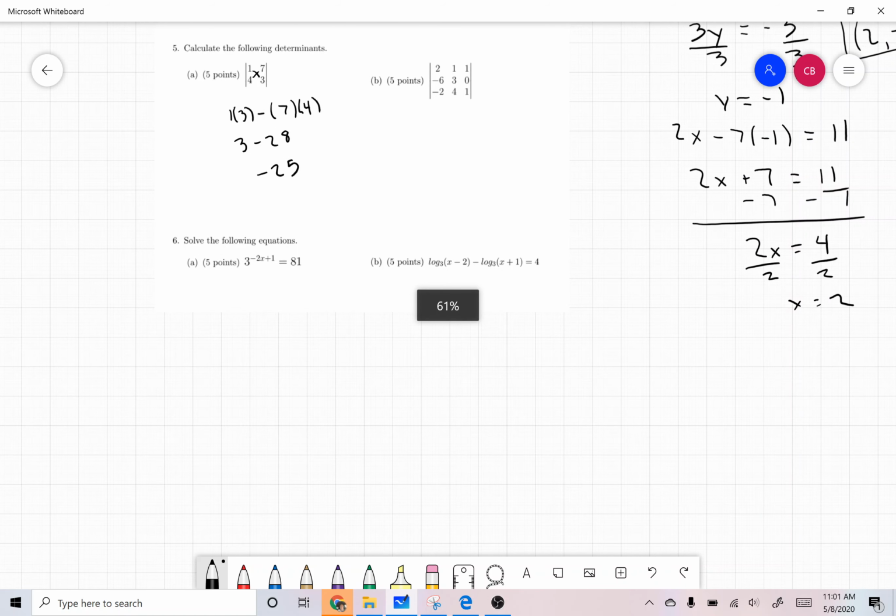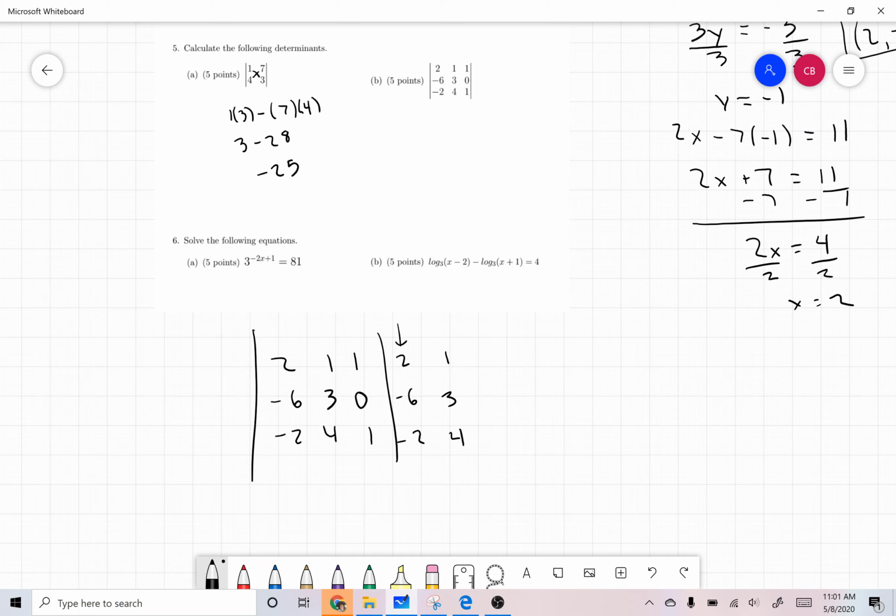For the next one, we have to write the columns 1 and 2 next to this. So I'm going to rewrite it down here to make sure it's close so you can see it. So I've just rewritten columns 1 and 2, and then we multiplied diagonally. This is 3 times 2, that's 6 times 1.